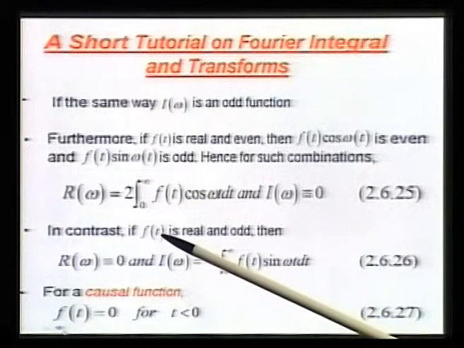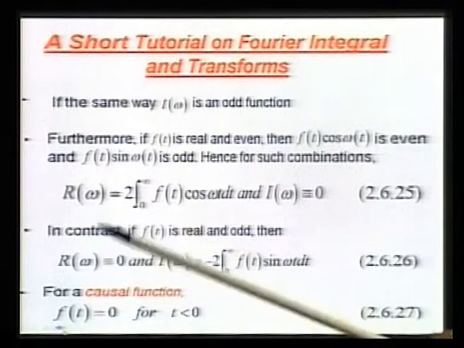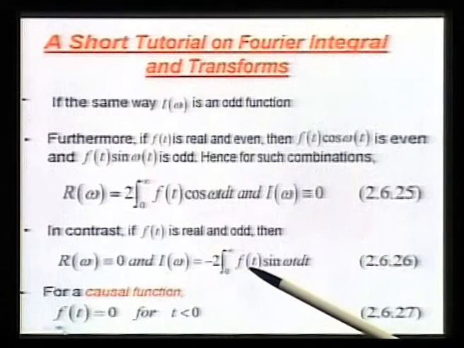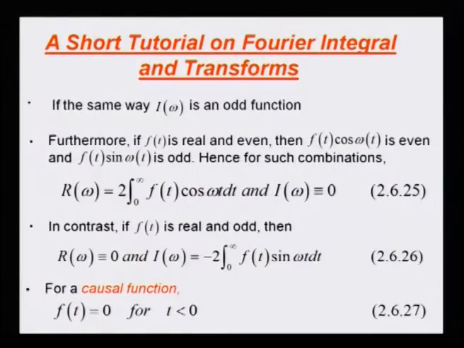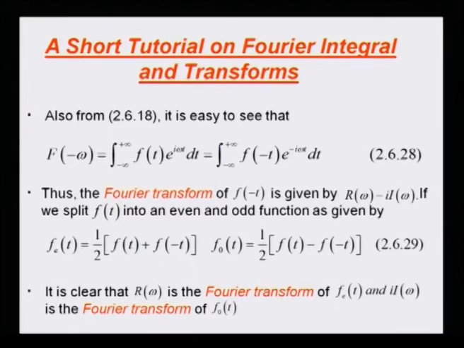In contrast, if f of t is real and odd, then I have the complementary picture: R of omega will be 0, I of omega will be given in terms of this. Okay. And we talked about causality. A causal function is one that is equal to 0 for negative time. And from a receptivity point of view, this makes tremendous sense. If I have not started the experiment, the past cannot dictate what is going to happen in future. Okay.